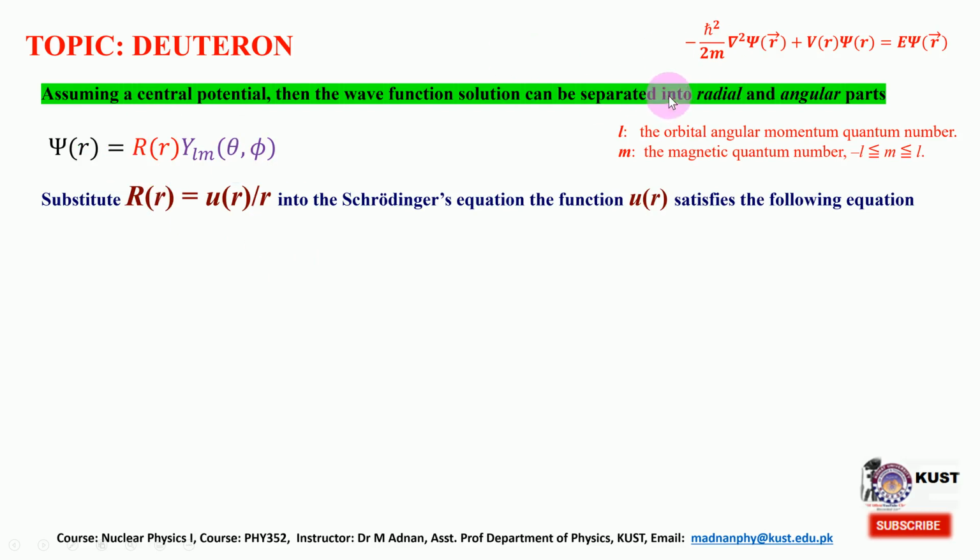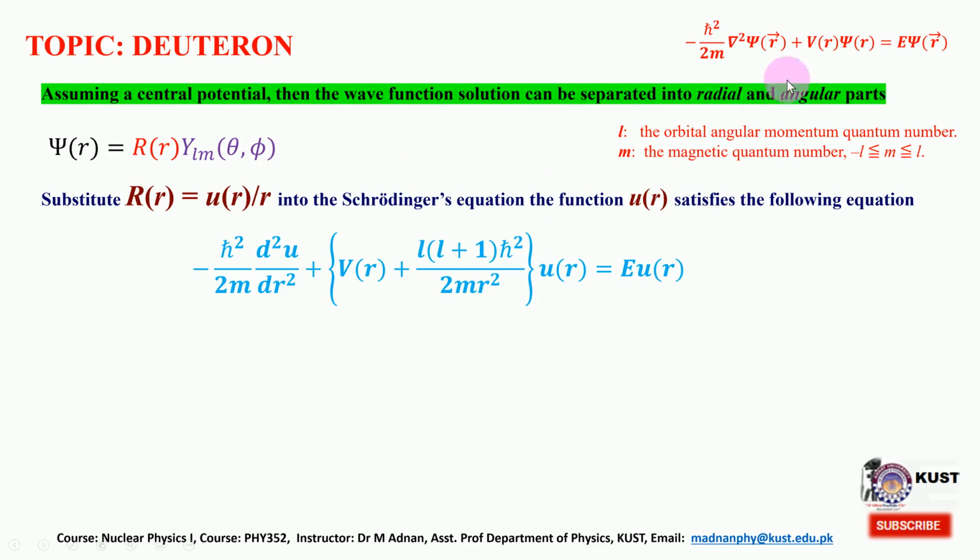So in order to solve such a problem based on the Schrödinger equation, we need to split the radial and angular part, and it is handy to write this radial part in terms of a parameter u divided by r in the Schrödinger equation. Then this u of r satisfies the following equation. That is, we need to put that over here.